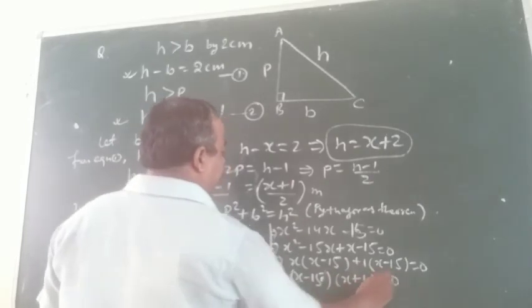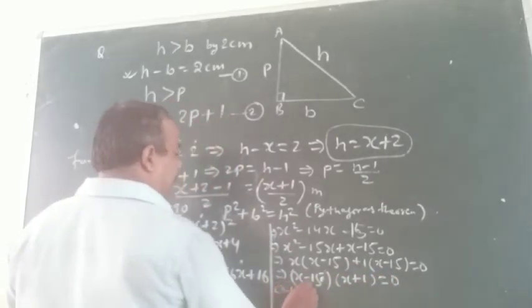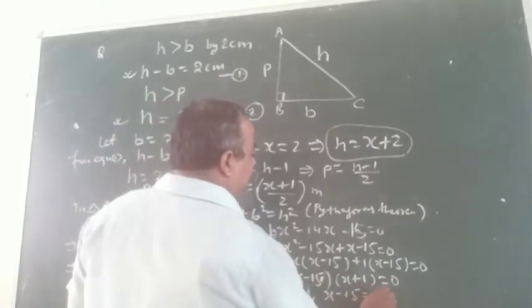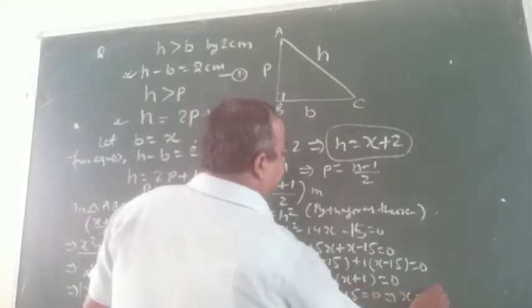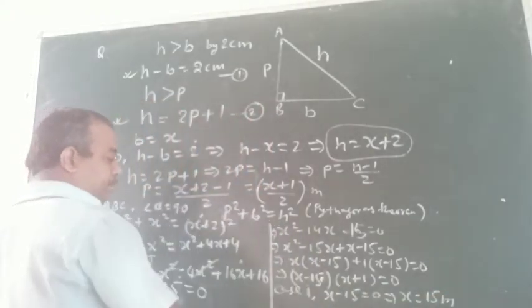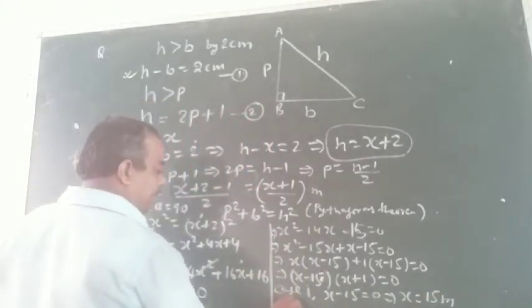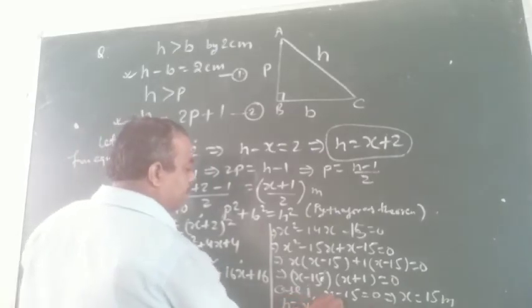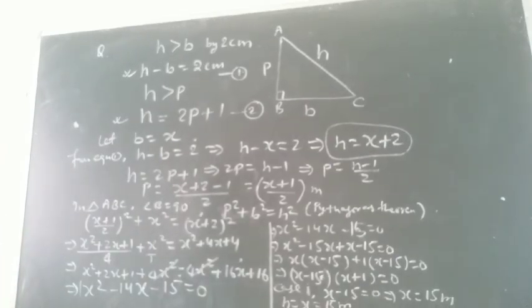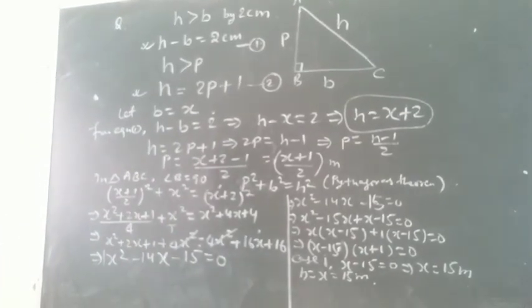Now set each to 0. Case 1: x minus 15 equals 0, x equals 15 meters. The base is x, that is 15 meters.